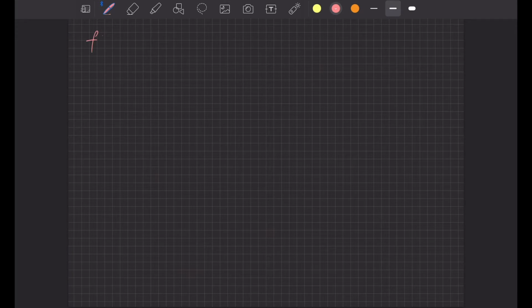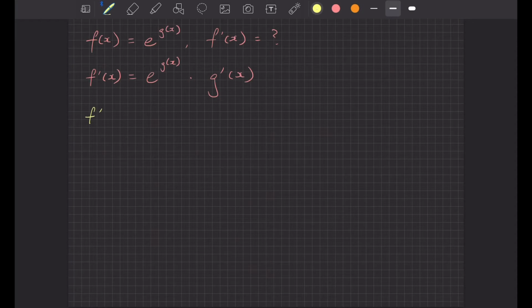Now look at this. When f(x) is equal to e to the power g(x), what is f'(x) equal to? Because of the chain rule, f'(x) would be equal to e to the power g(x) times g'(x), the derivative of g(x). Let's do an example.